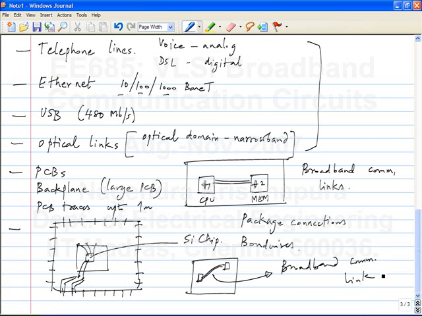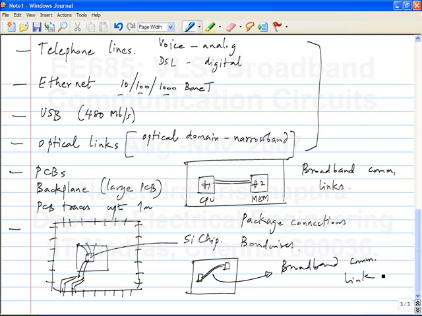Now, depending on the situation, it may be easy or difficult to transmit data across any of these things. So first thing is, what is the potential issue that you see? We have a pair of wires and you want to transmit data. So what is the big deal? You put some voltage on this side and the same voltage appears on the other side, doesn't it?